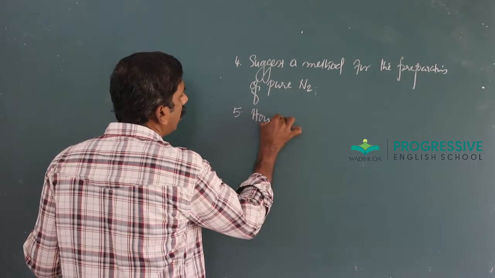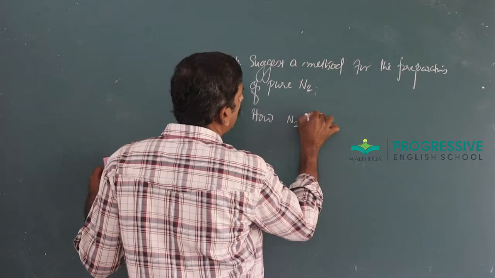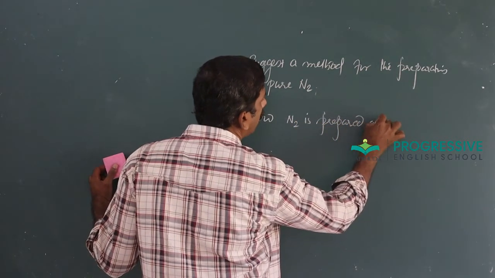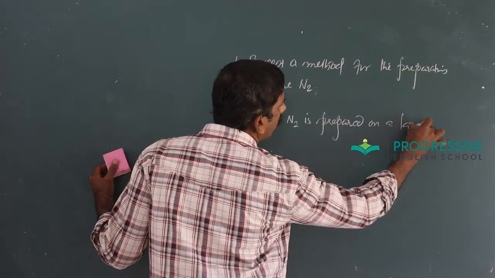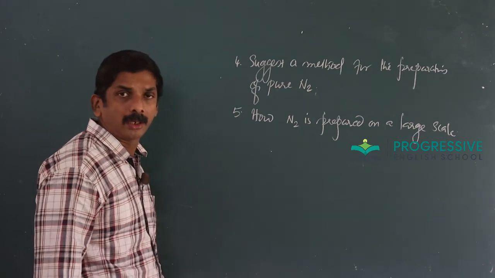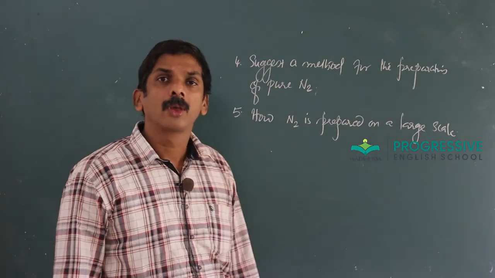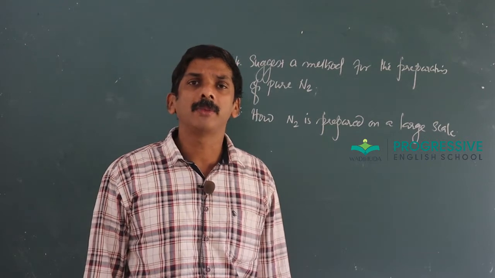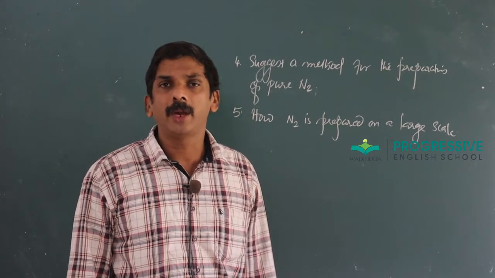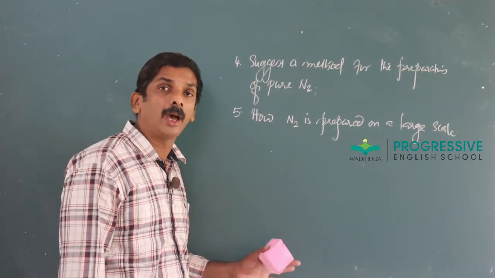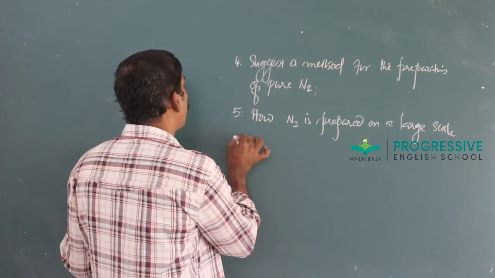Then how is nitrogen prepared on a large scale? Large scale production of nitrogen is by the fractional distillation of liquid air, which contains mainly dinitrogen and dioxygen. Dinitrogen distills at 77 Kelvin, leaving behind dioxygen.